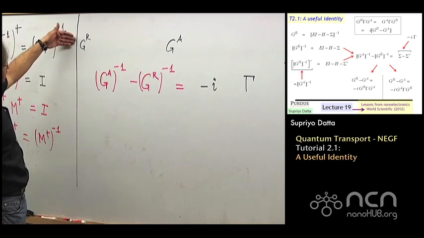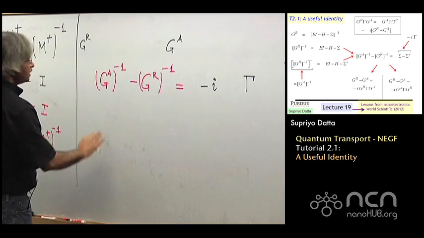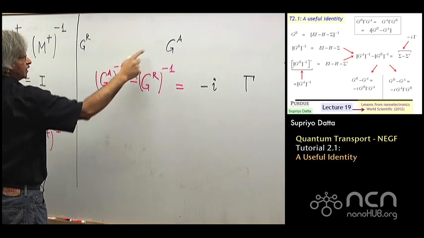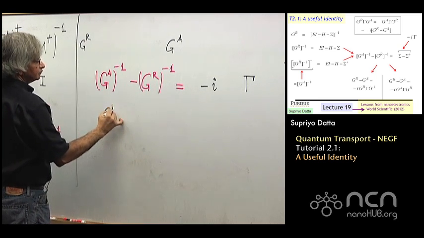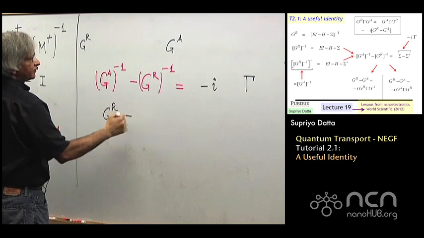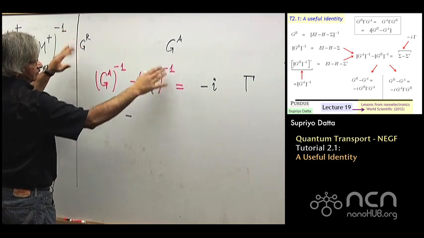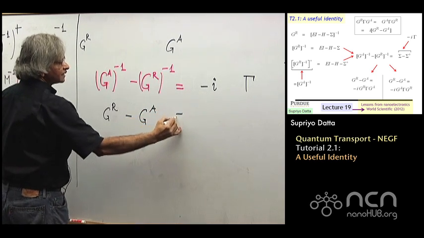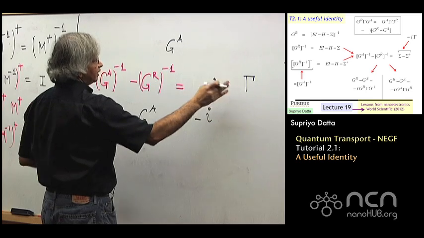So the first term, what will happen is GA times GA inverse, that's just I, so I just get GR. Minus, here GR times GR inverse, that's just identity matrix, and I get GA. And that's then equal to minus I gamma.